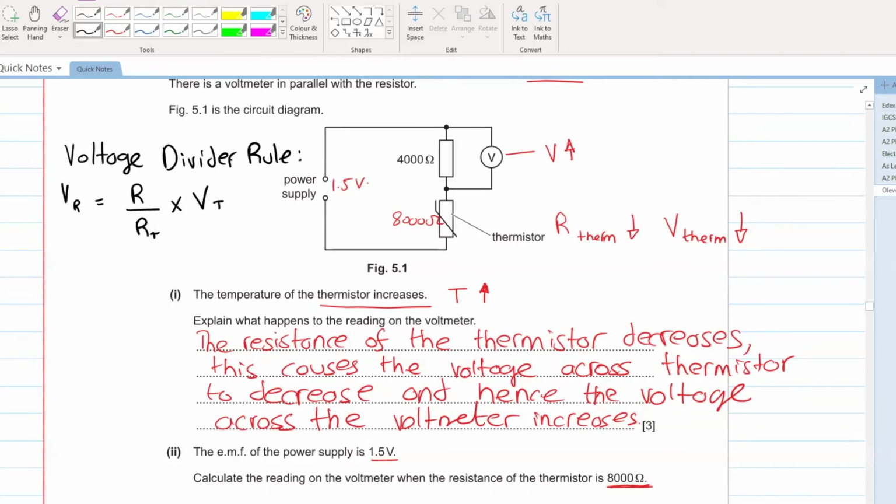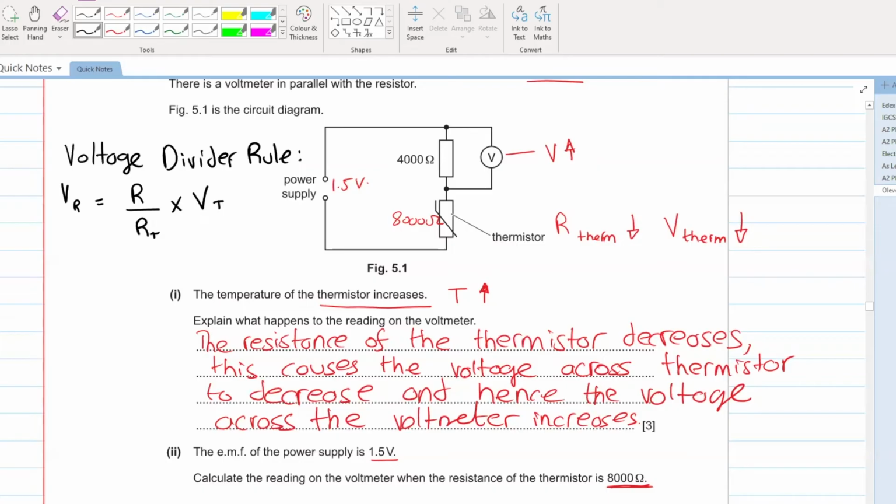What does the voltage divider rule state? That the voltage across a component equals the resistance divided by the total resistance multiplied by the total voltage.